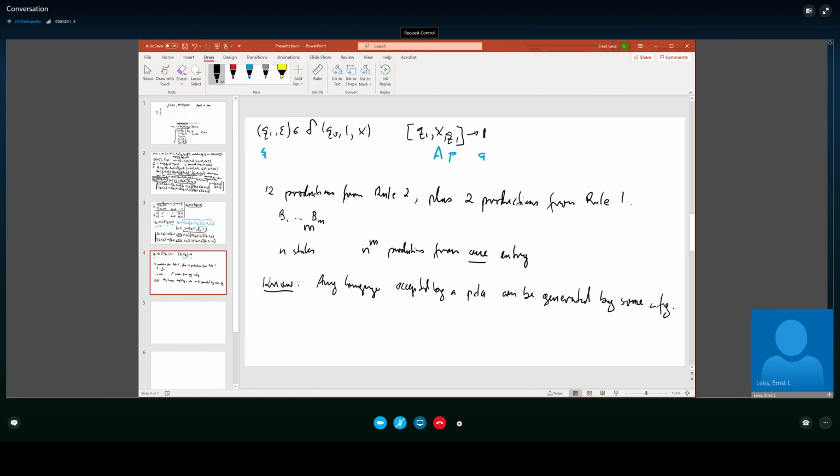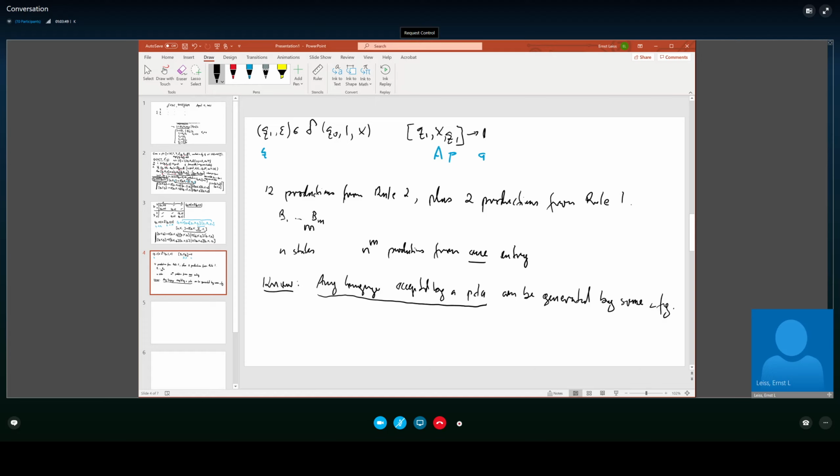And of course, it is a slightly more general statement, any language accepted by a push-down automaton. Well, if that push-down automaton were to accept by final state, then we first have to use the construction to convert the automaton from acceptance by final state to acceptance by empty stack.